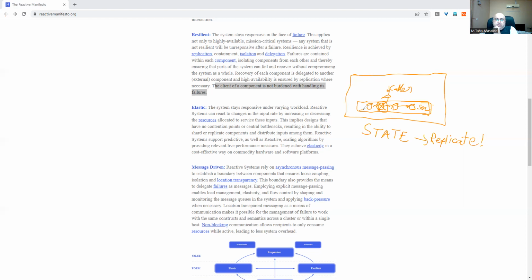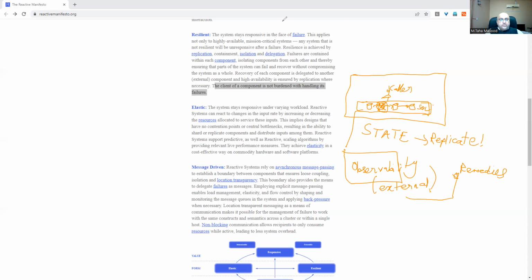Or let's say when this goes down, an external observability node is notified that a system has gone down, and this observability node carries out remedies, right?